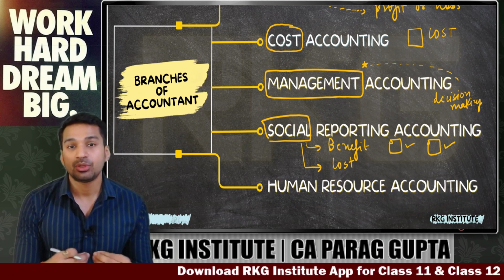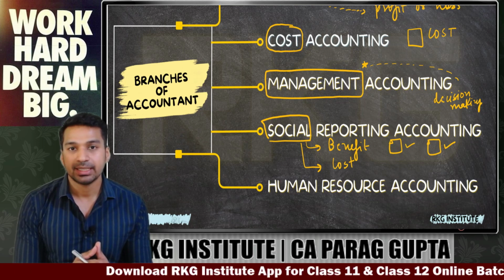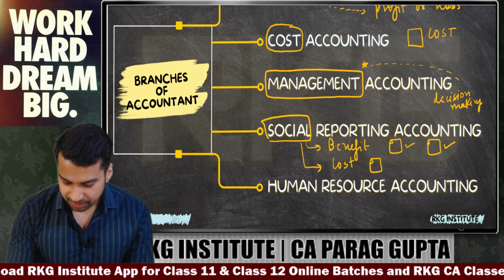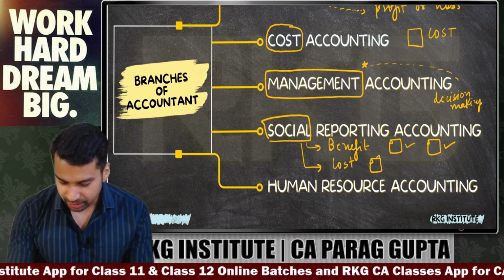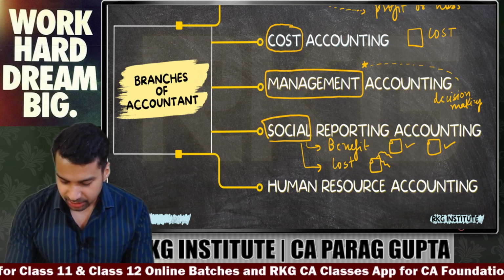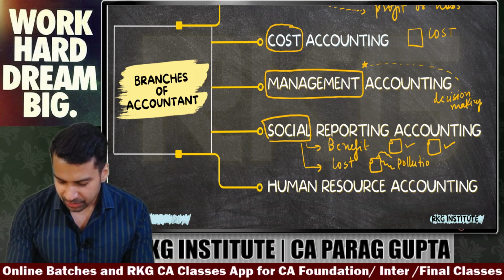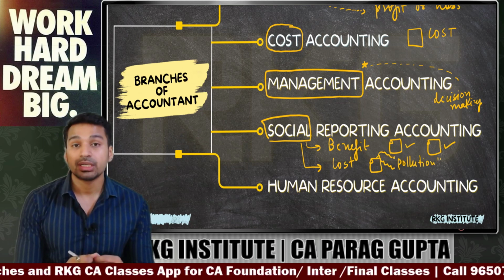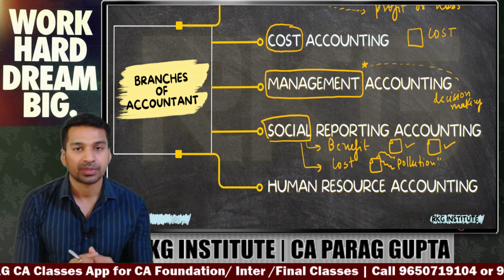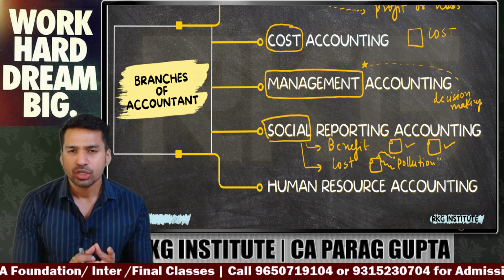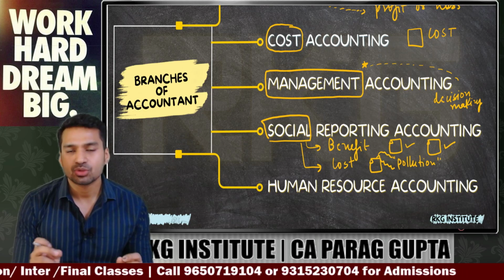Similarly, if I am doing something bad for the society, let's assume I am manufacturing some product and because of the production I have created some pollution in the environment. So this pollution is a social cost. It is a social bad thing which I am giving to the society. So this will be accounted as social cost.